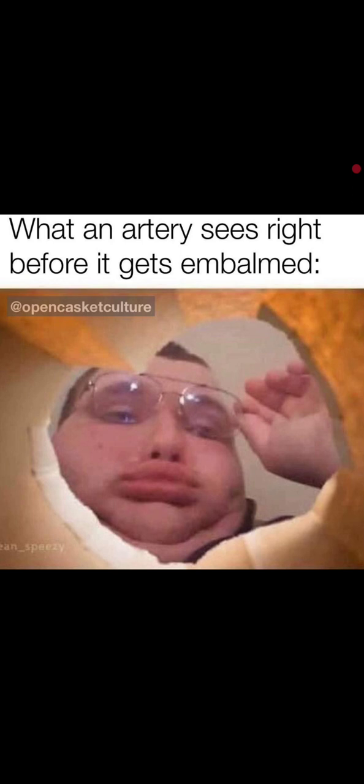Bloodborne pathogens are pathogenic microorganisms present in human blood that can cause disease in humans. These include, but are not limited to, hepatitis B virus, HBV, and human immunodeficiency virus, HIV.